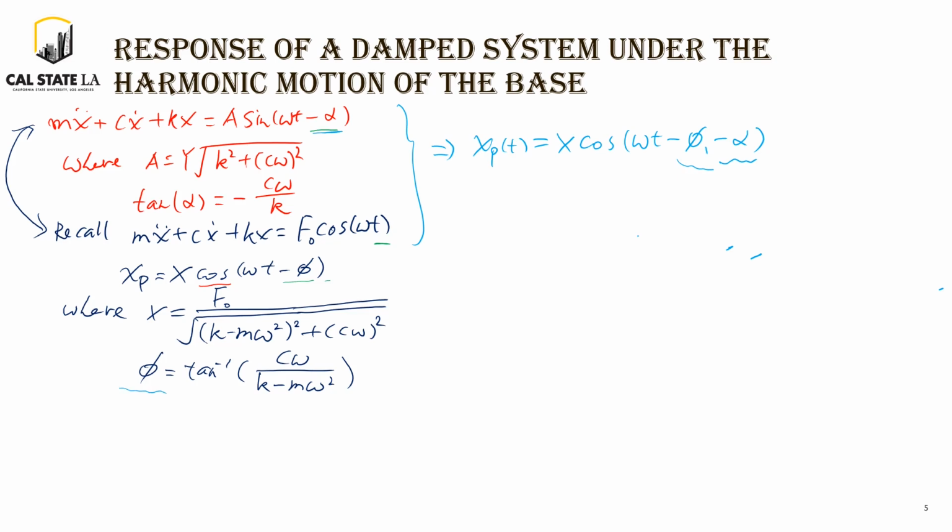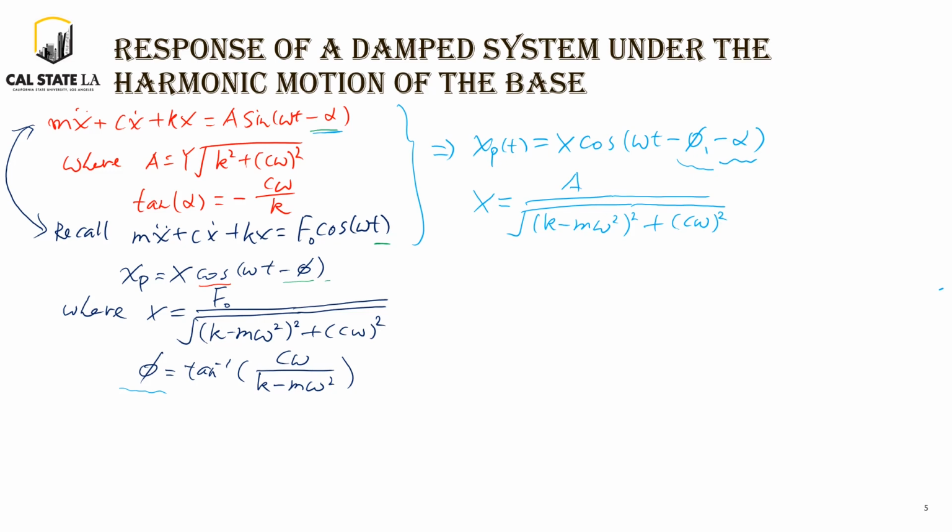So over here, if we do this, X will be equal to, instead of f0, now the magnitude is a. So we replace f0 by a. The denominator is the same, which is the square root of (k minus m omega squared) squared plus (c omega) squared.